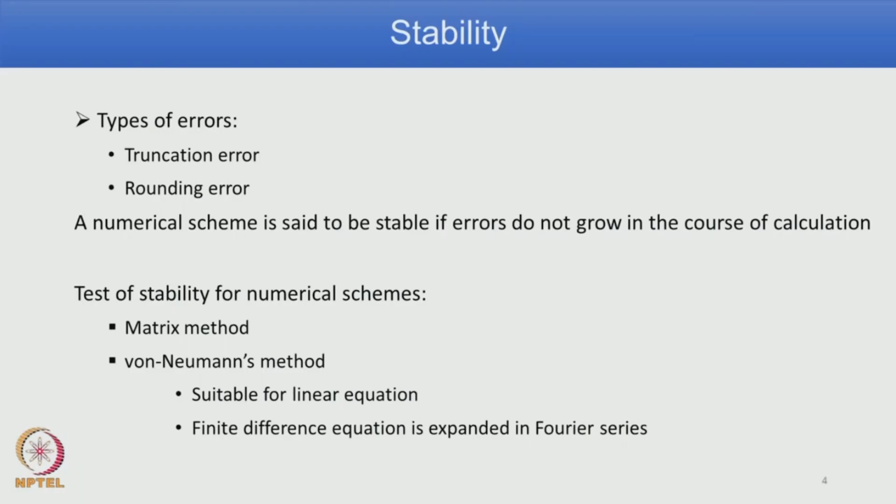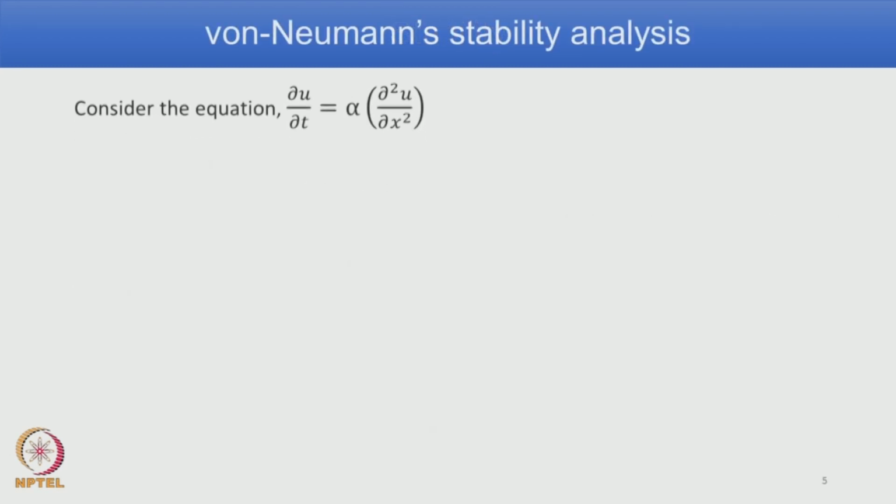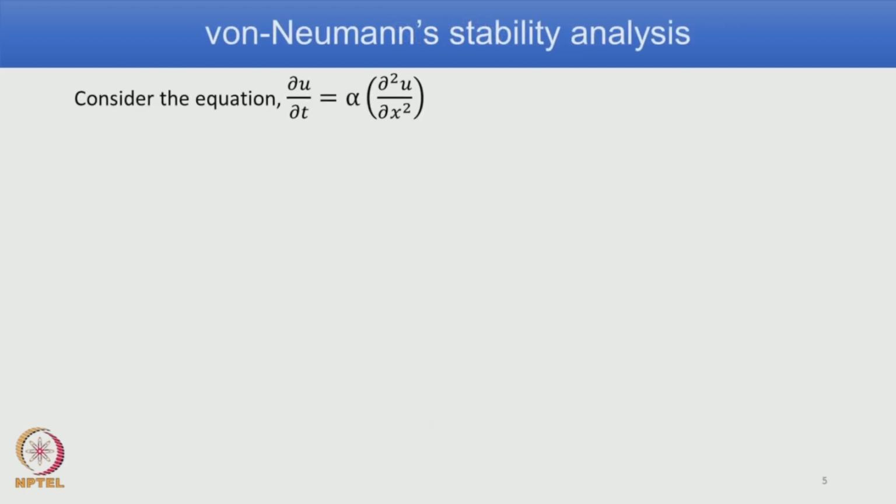However, it gives an idea whether the scheme is stable or not. Here, the finite difference equation is expanded in Fourier series form, and just like the linear equation limitation, it is also not applicable near the boundary.